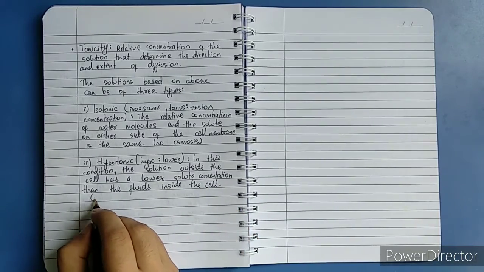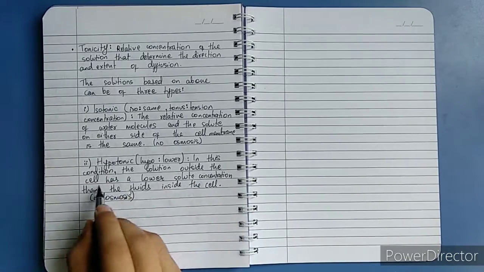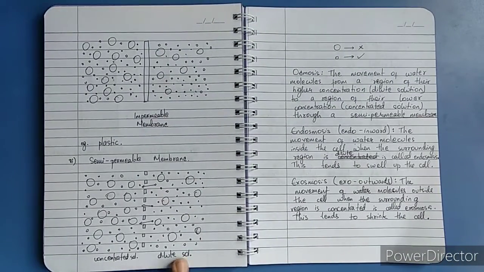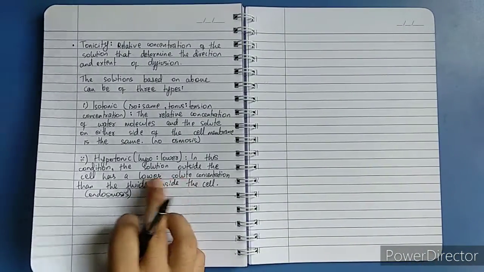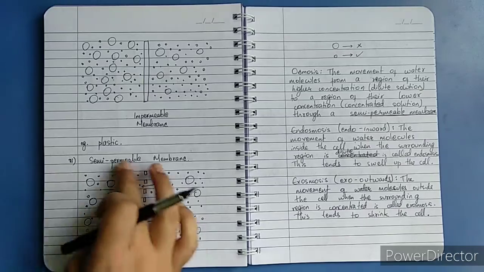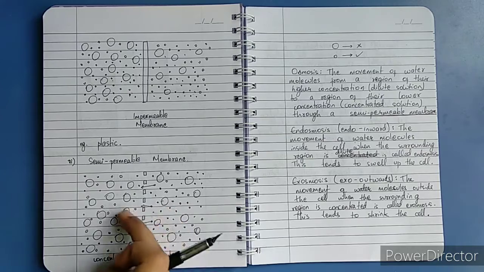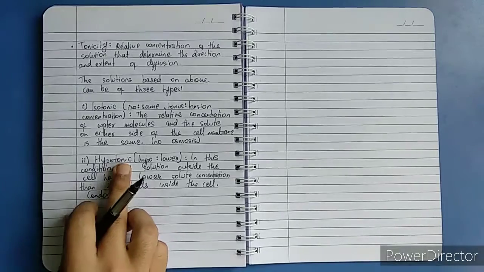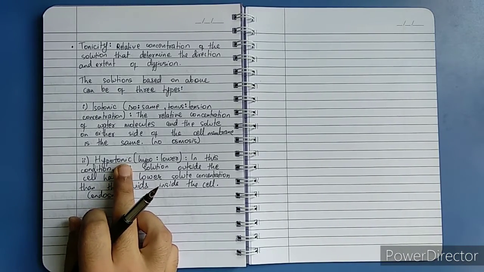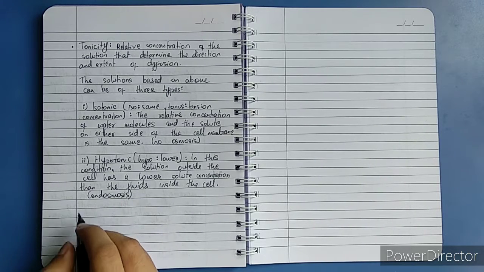So here endoosmosis will take place. Which one is less concentrated? This one. So this is the dilute solution. Think of this as the cell and the solution outside is the dilute solution. Water starts coming inside in this case, so endoosmosis takes place. Whenever placed in a hypotonic solution, the cell by endoosmosis will swell up.